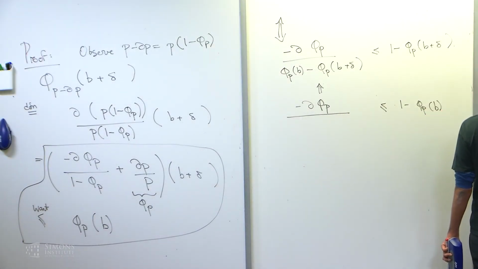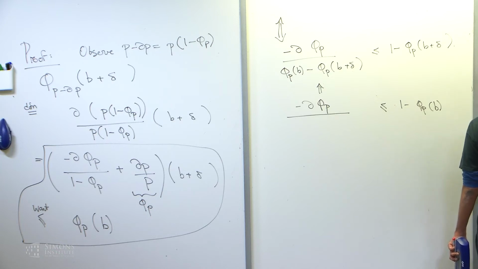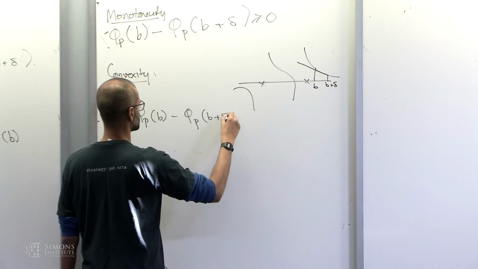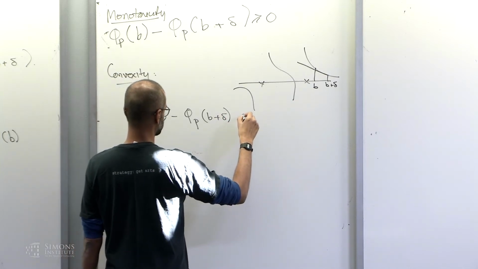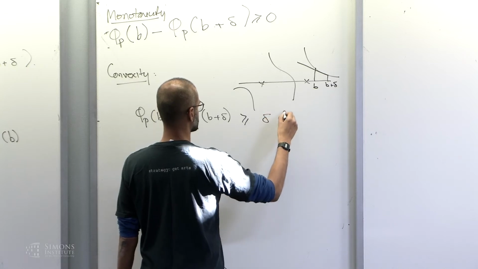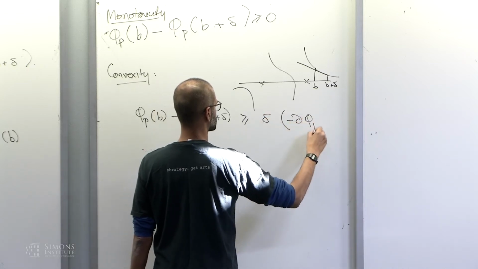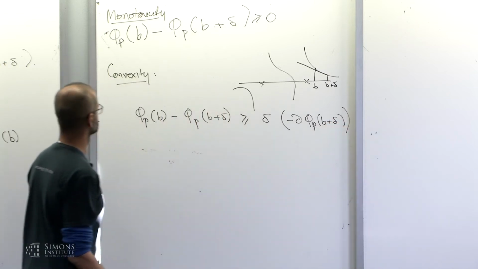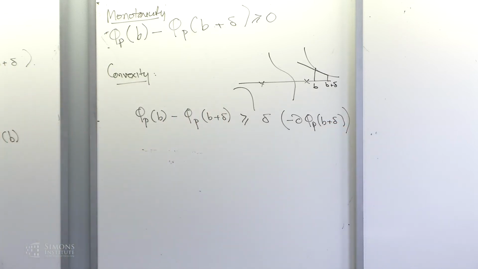Well, it says that the value of the barrier function at B minus the value of the barrier function at B plus delta is at least delta times minus the derivative. That means I can now replace this by delta times minus the derivative, and these are all at B plus delta.